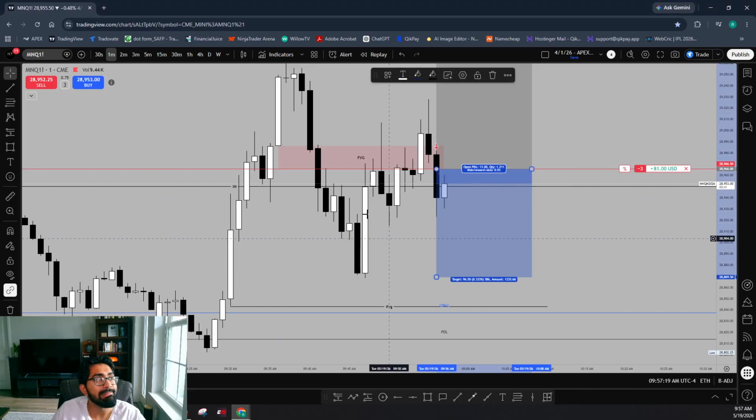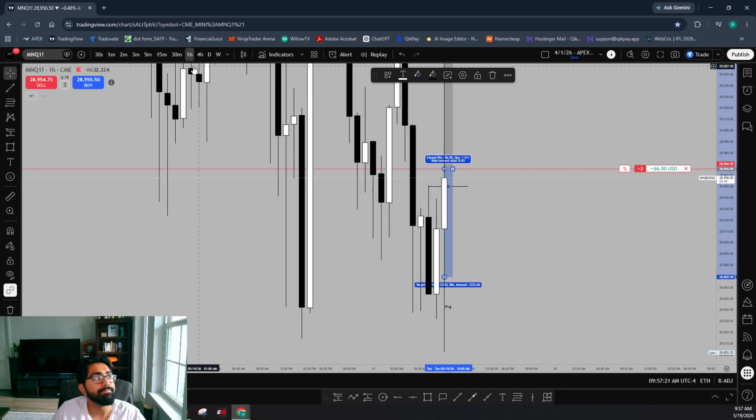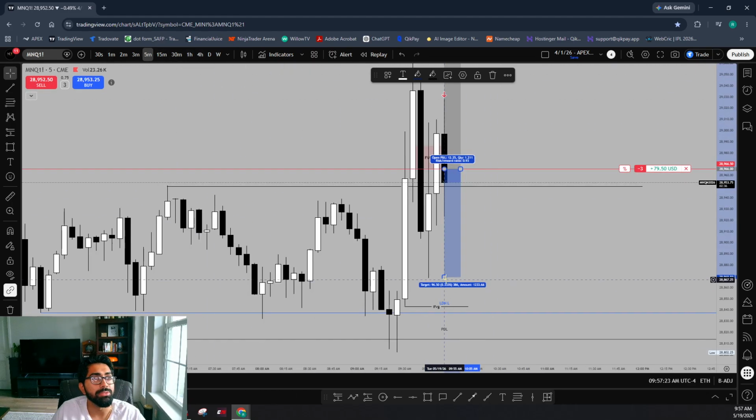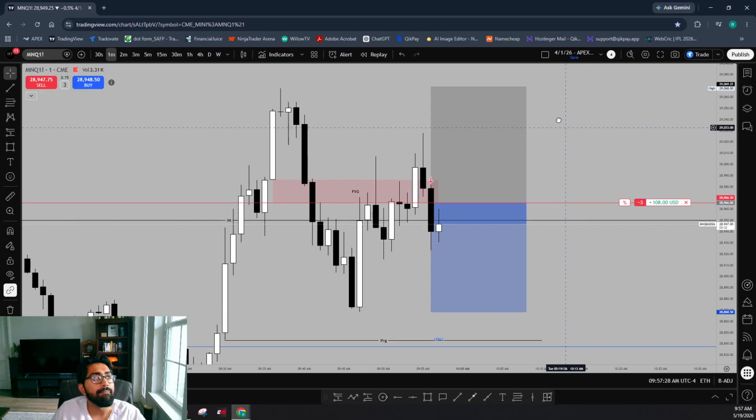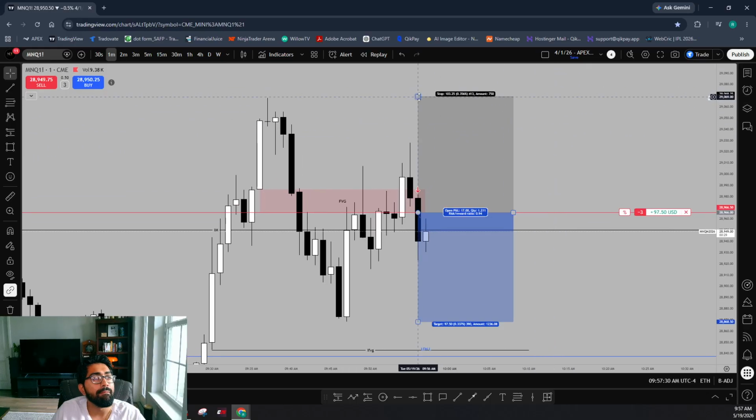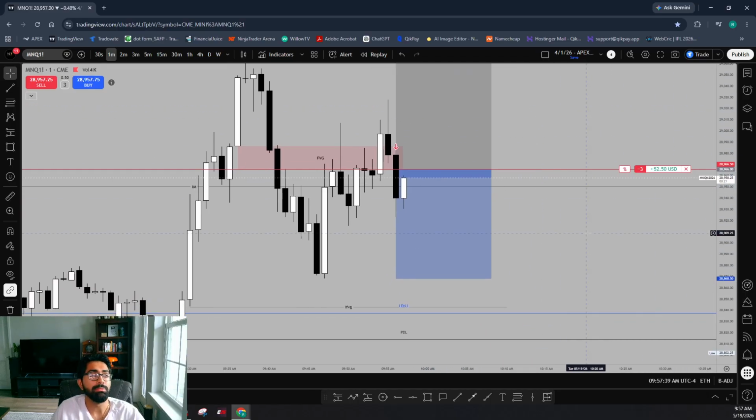Targeting, what do I want to target? The safe thing to do is just target this low right here. Let's go for a 1-to-1, that would be up here. Let's keep it at a 1-to-1.